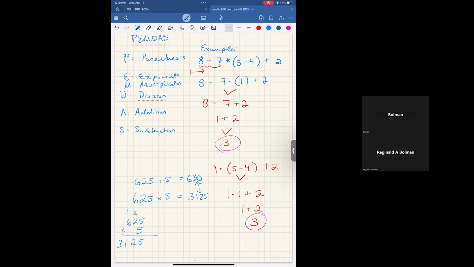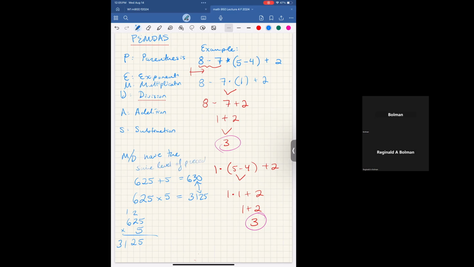So, just as a matter of social convention, we're going to say that multiplication, because it introduces the next level of error, must come after exponents. It doesn't introduce as much error as exponents, but it introduces much more error than addition or subtraction. Now, multiplication and division have the same level of precedence.